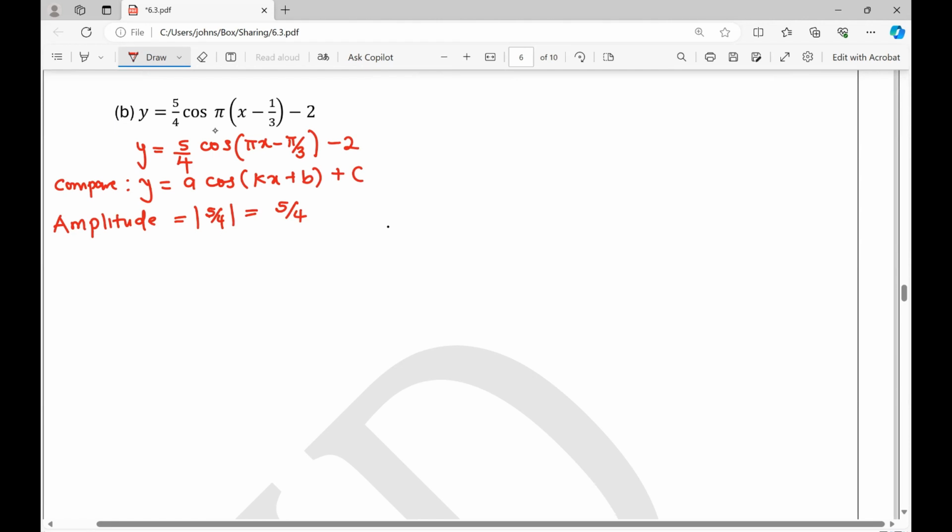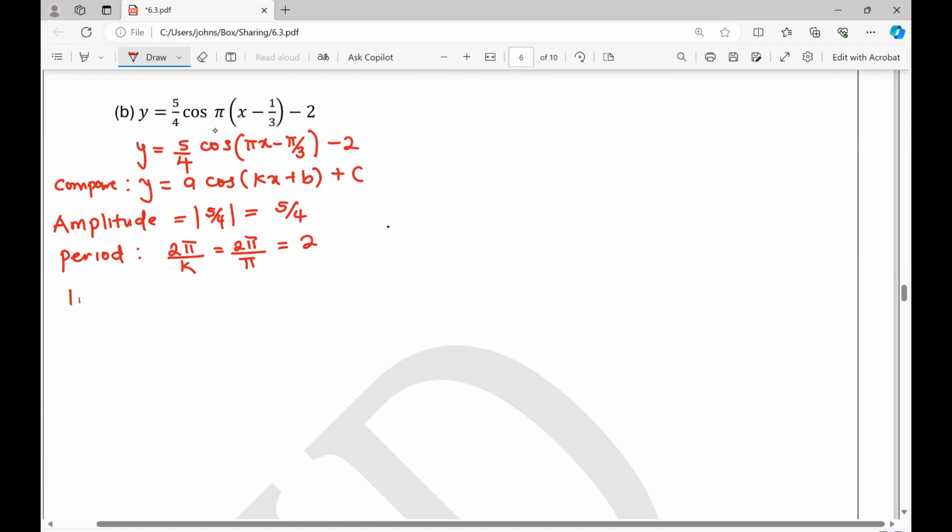And we can talk of period. Our period is going to be 2 pi over k. And this is 2 pi over, what is k here? k is pi, right? So this is just going to be 2.